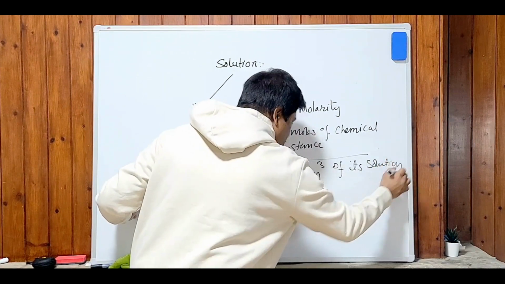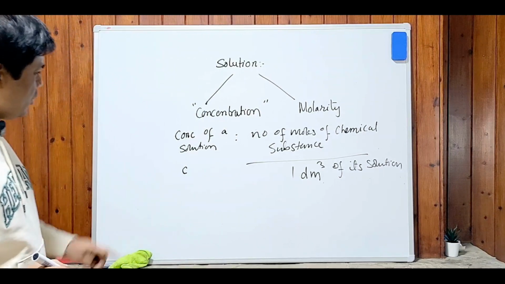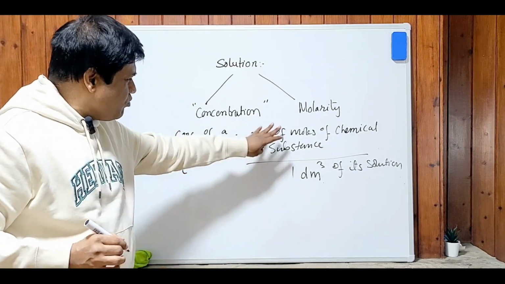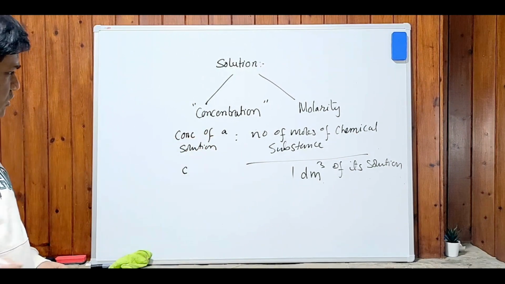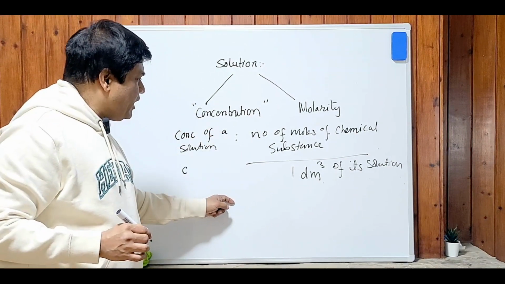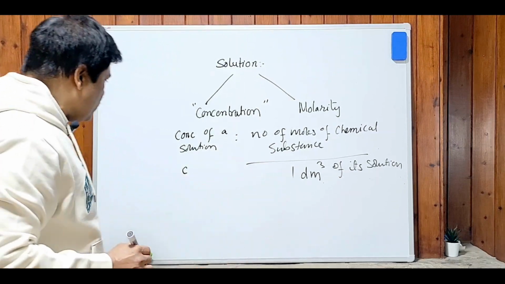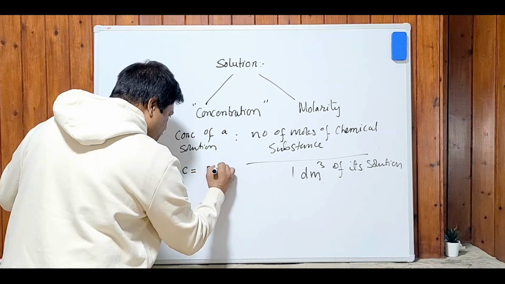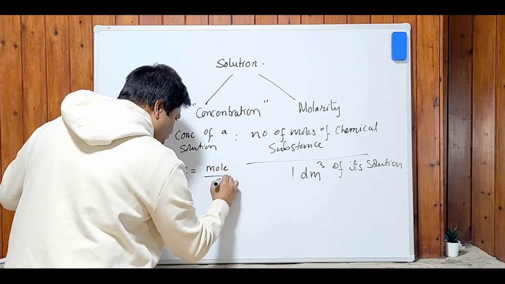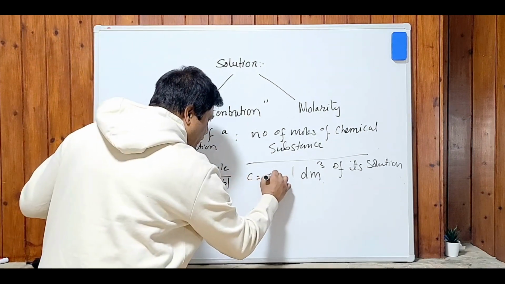So it's easy. Can I use C? C is for conc. Concentration is nothing but the number of moles of any chemical substance, which is the solute, divided by its volume. The volume should be in dm³. So conc or C equals moles over volume, or conc equals n over V.